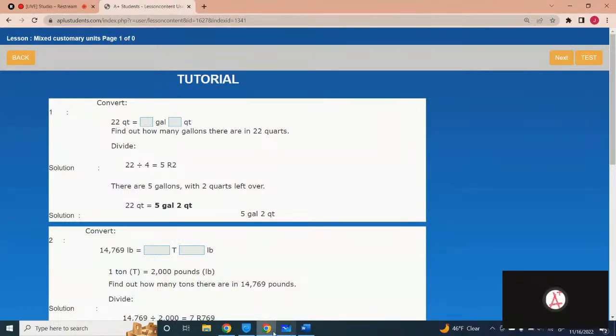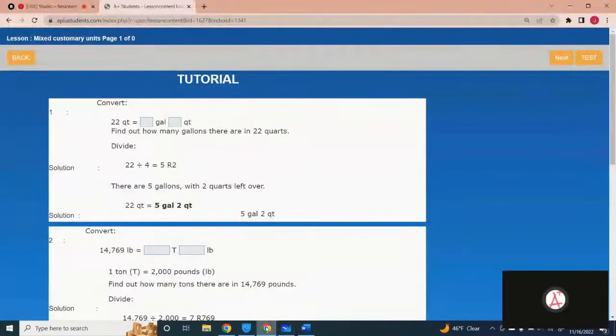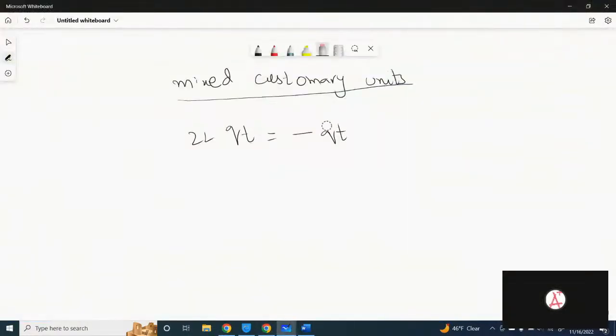Okay, 22 quarts equal how many gallons and how many quarts? So you have to convert 22 quarts to gallons.